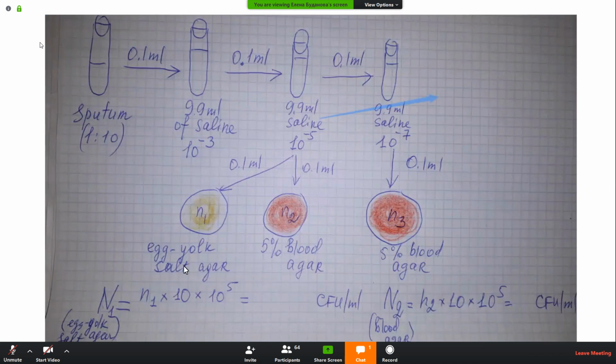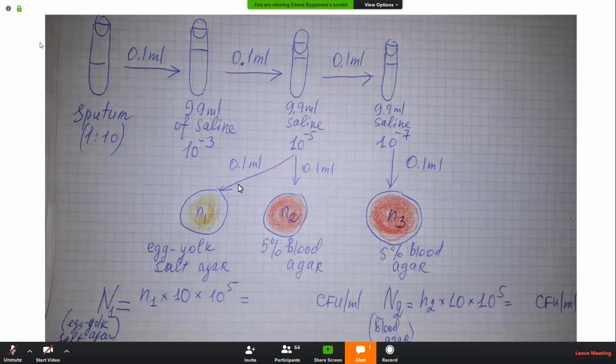It contains egg yolk to show us lecithinase activity, and it is salted medium because staphylococci are halophiles, and the presence of elevated concentration of sodium chloride inhibits the growth of contaminating microbes here. So it is selective for staphylococci.